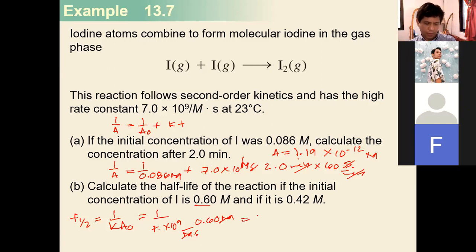Let's shift solve 1 divided by 7 exponent 9 times 0.6. Unahin niyo siguro yung 0.6.